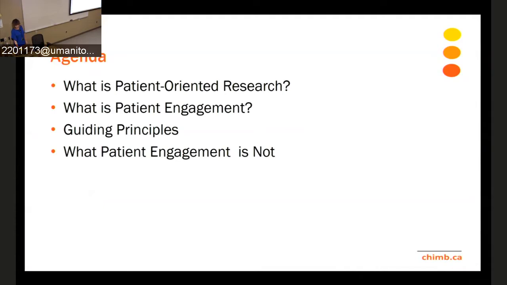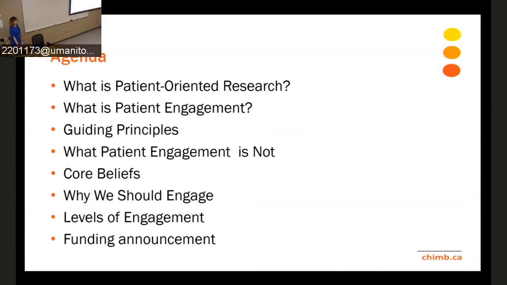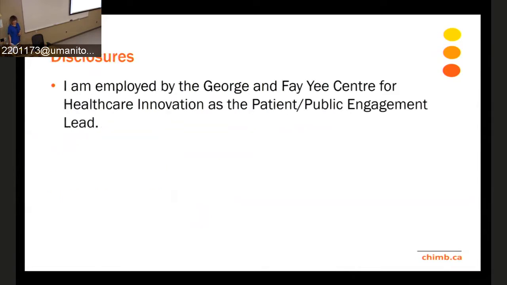And then some of the core beliefs, why we should engage, and levels of engagement. We'll do a quick overview, but we'll step into this subject later on. And then finally, we're going to have a really exciting funding announcement for everyone. So that's the teaser to keep you here.